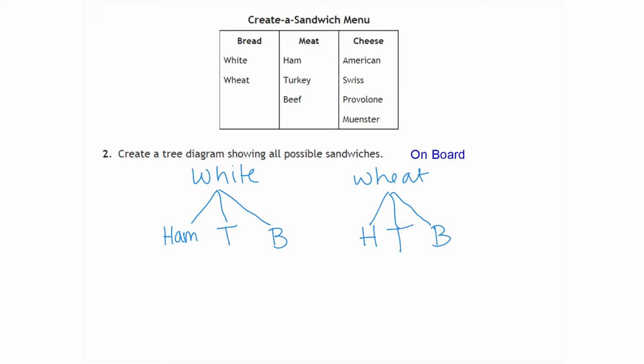Okay, but then after I choose the meat, each meat can then choose between 4 types of cheese. So from the meat, you're going to have another branch with the 4 types of cheese.